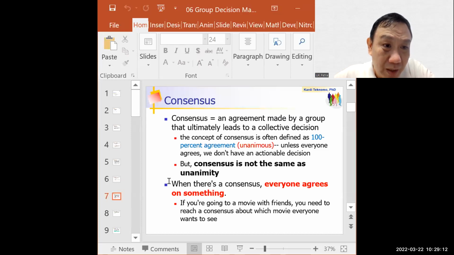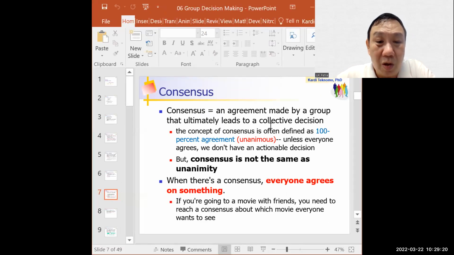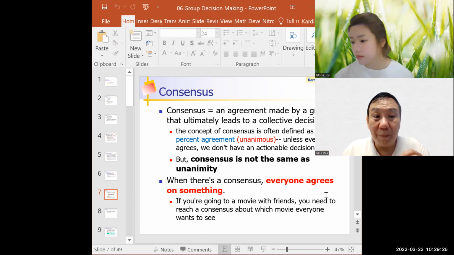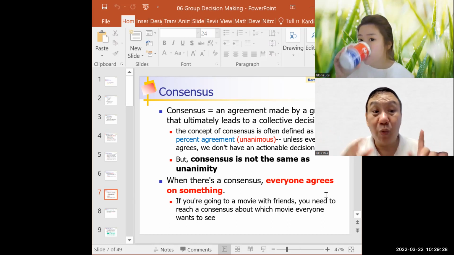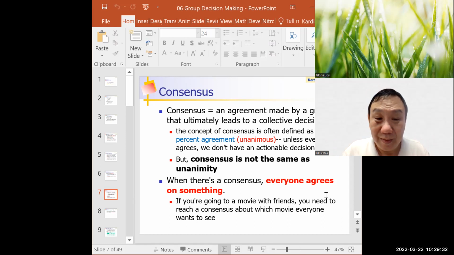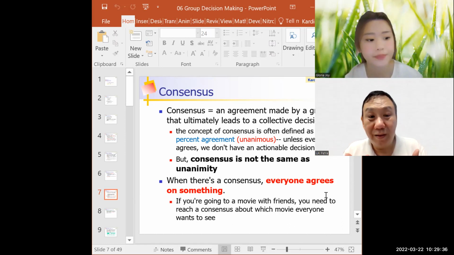Okay, we discussed about it a while ago. So consensus is an agreement made by the group that ultimately leads to a collective decision. As you mentioned earlier, the concept of consensus is often defined as 100% agreement, unanimous decision, right? So unless everyone agrees, we don't have an actionable decision.